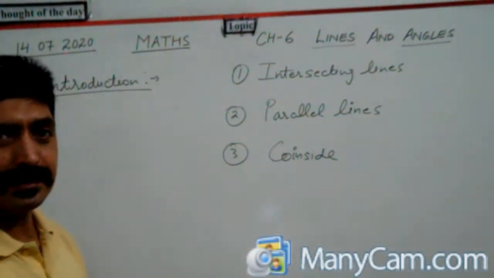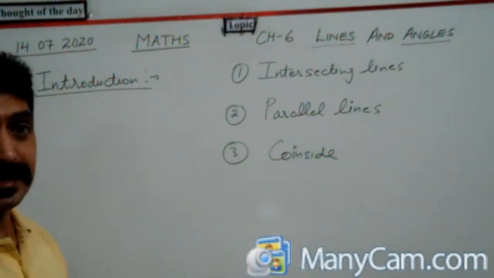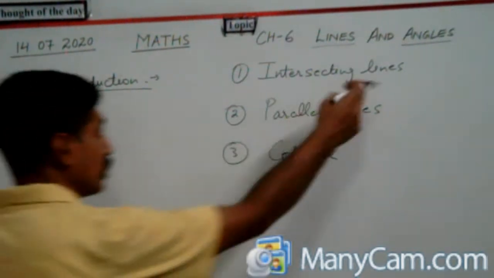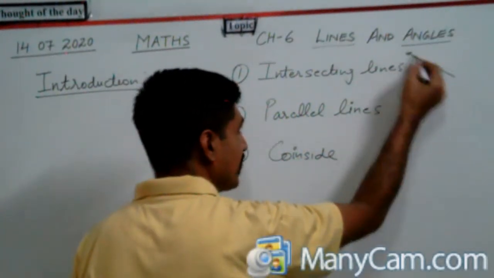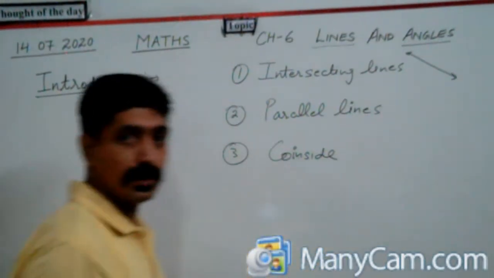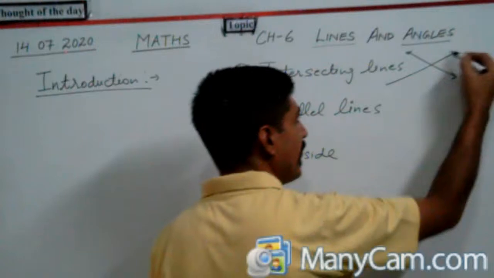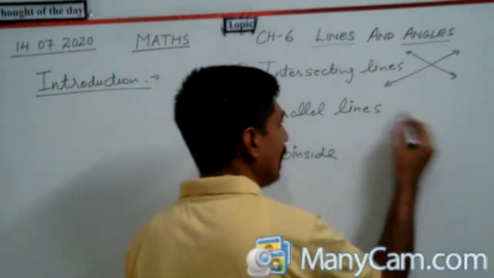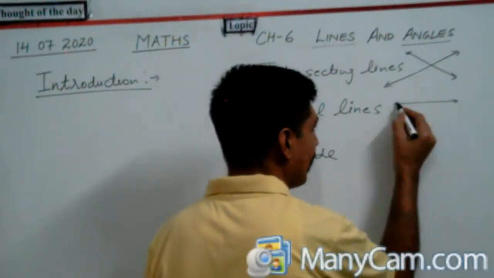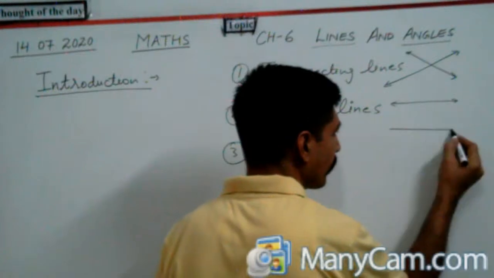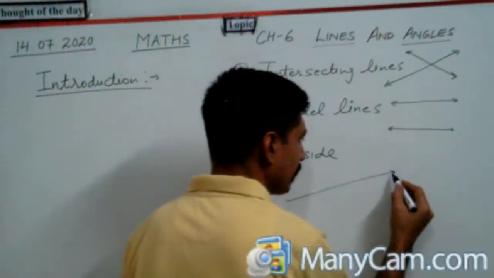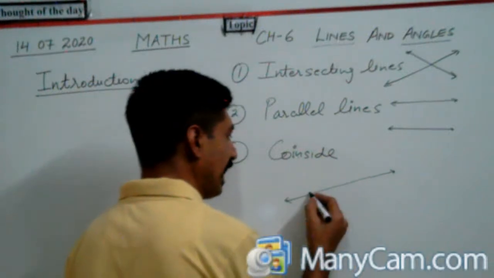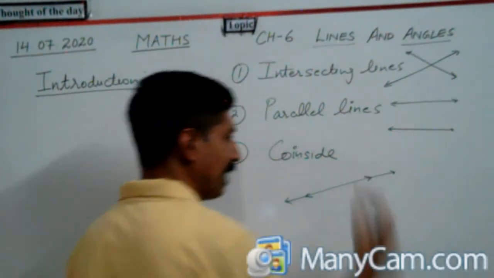When two lines are intersecting, it means they intersect each other. Lines may be parallel to one another, or if we have a line, then another line may lie on the same line.